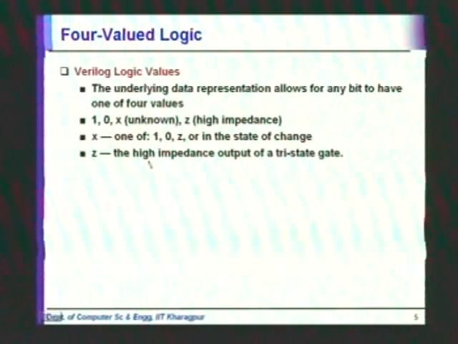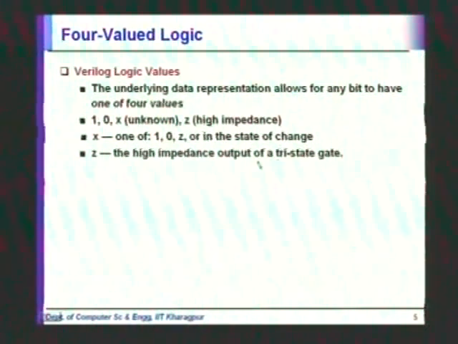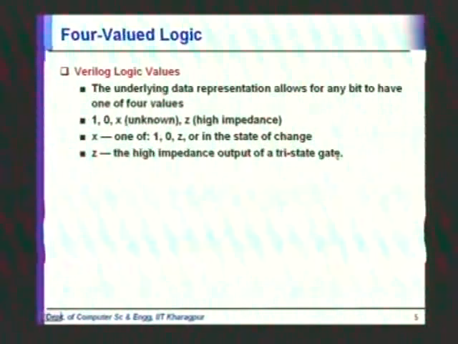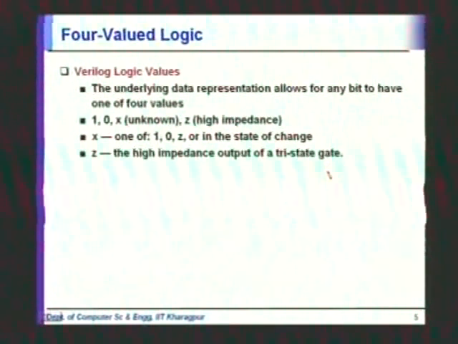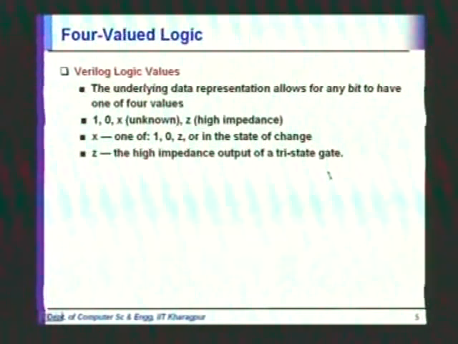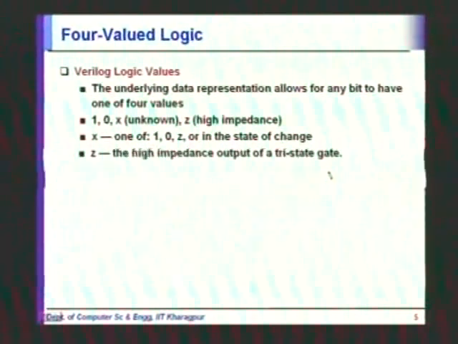Z is a high impedance output. Typically, if the output of a gate becomes tri-state, then that is Z. And it's very important because whenever you have a bus, at a given point of time, somebody is driving the signals, and one or more of the devices are reading the signals.